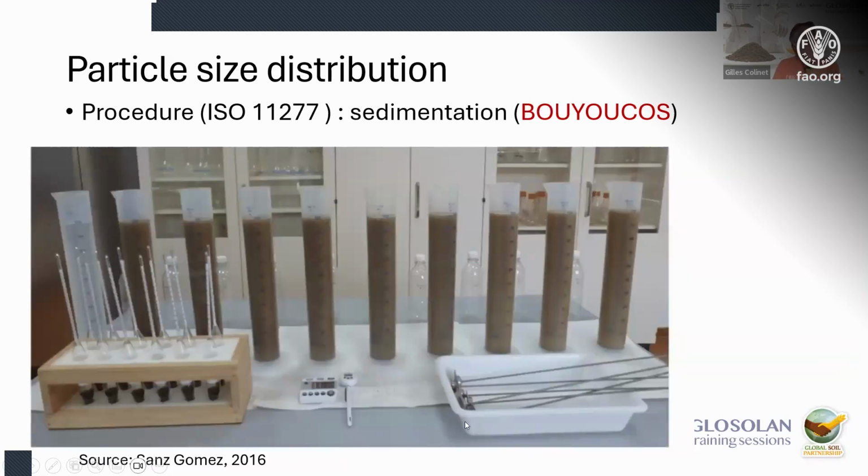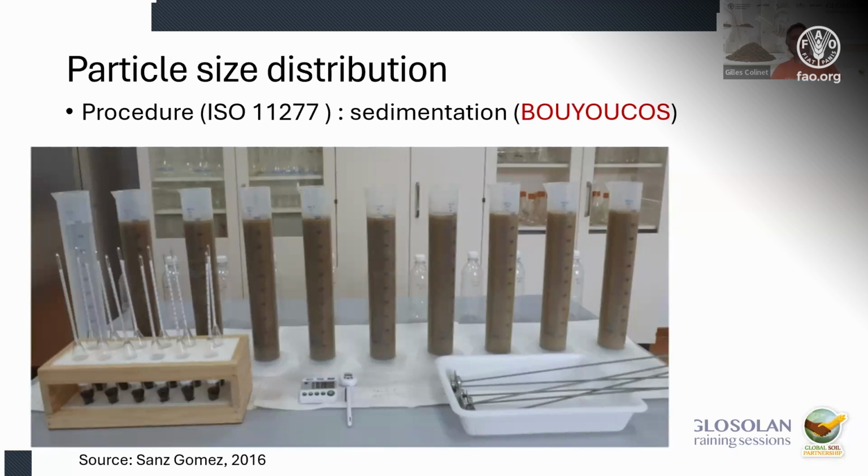So that's globally the idea. You have different kinds of sampling. You weigh and then you make a calculation according to what you have put. You had 15 grams at the beginning. You must know how much water there is in your soil sample, how much organic matter, and how many carbonates you have.